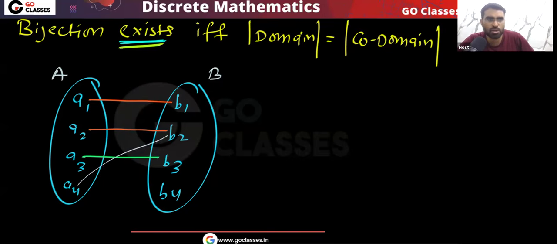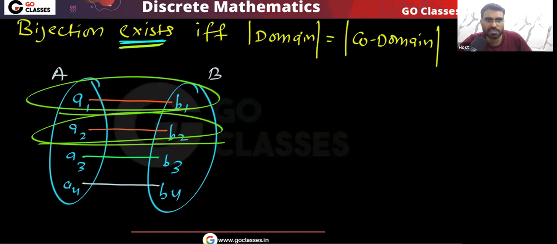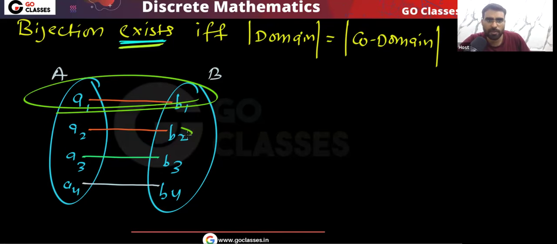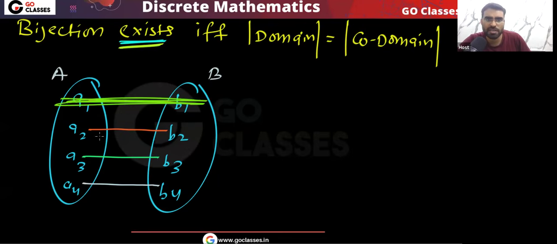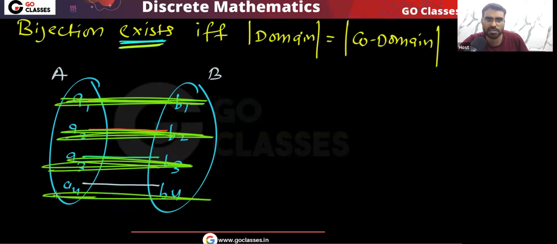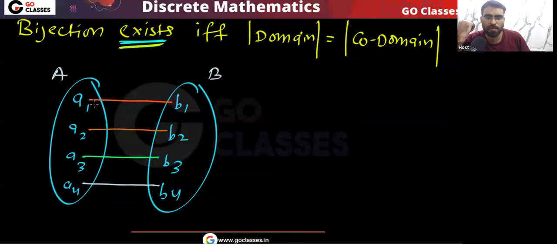No, because it is not injection. Bijection means injection and surjection. So it will happen like this. Okay, so did you notice? It's like one-to-one correspondence. Couple goals. Yes or no? Like this, one-to-one correspondence. So this is the reason bijection is called one-to-one correspondence. Is this clear? This is the reason.